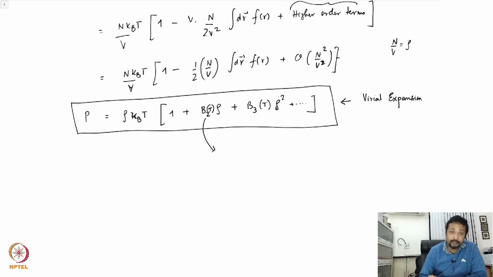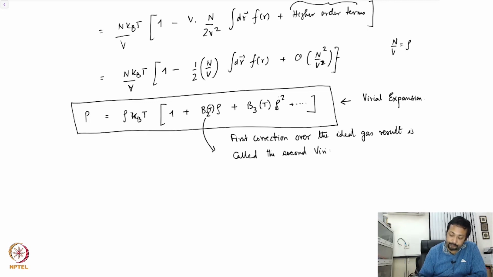And this quantity, the first correction over the ideal gas result, is called the second virial coefficient, B2(T) equals minus half ∫dr f(r).